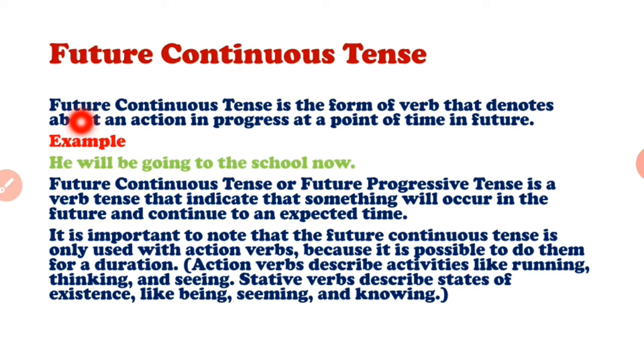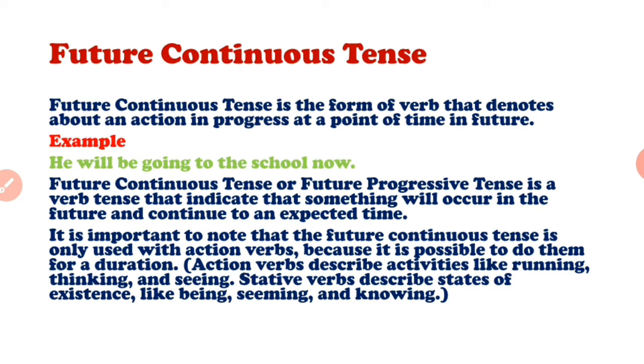Students, here you can check future continuous tense is the form of verb that denotes an action in progress at a point of time in future. In this way we can say it denotes a verb.